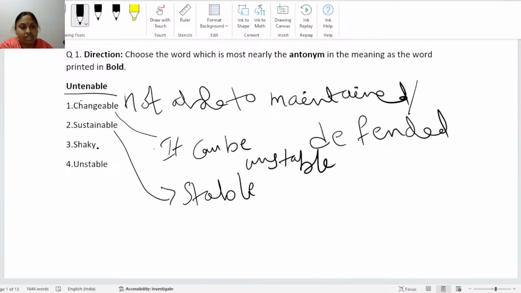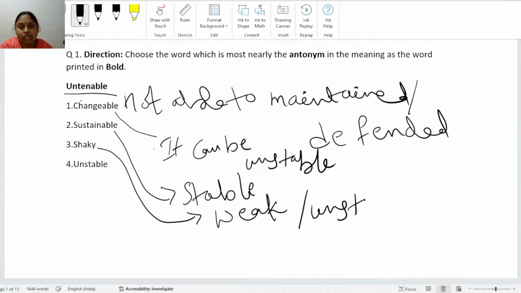Next, shaky. What is the meaning of shaky? Shaky is nothing but something considered to be weak, or in another word, unstable. Already we know unstable is nothing but it is not in a steady state.